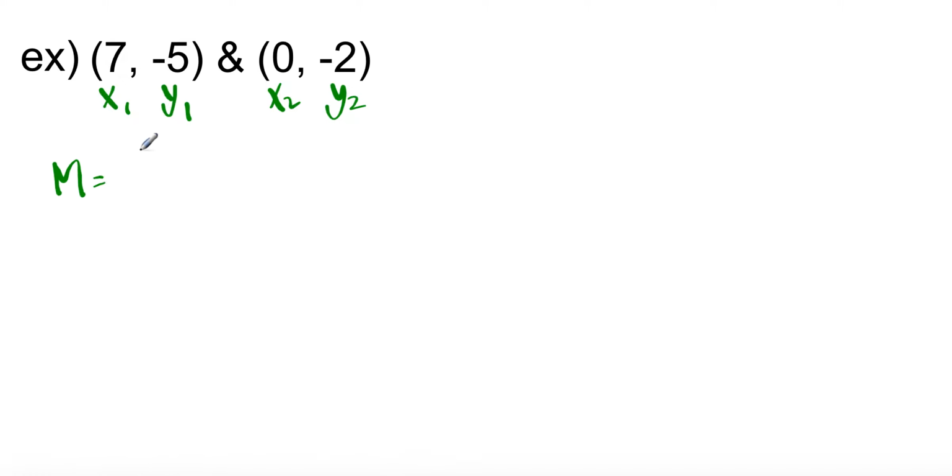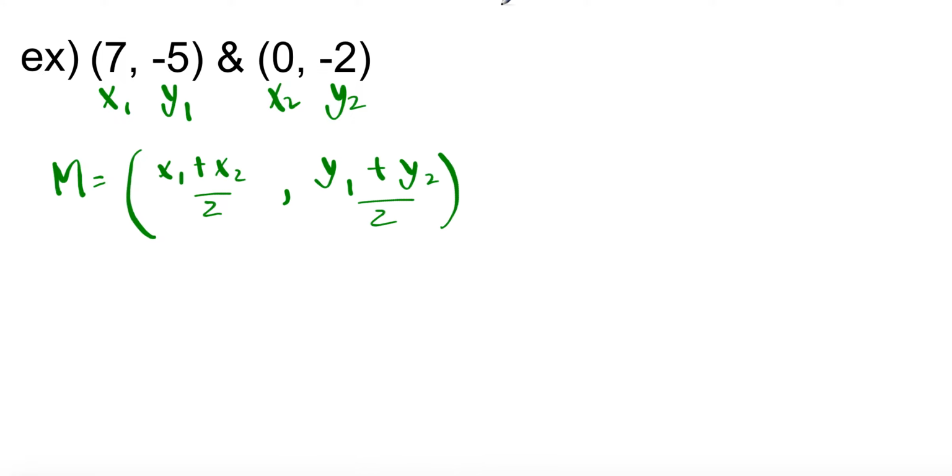Capital M for midpoint is equal to x1 plus x2 divided by 2, comma, y1 plus y2 divided by 2. Then we just plug in. Capital M is equal to 7 plus 0 divided by 2, comma, negative 5 plus negative 2 divided by 2.